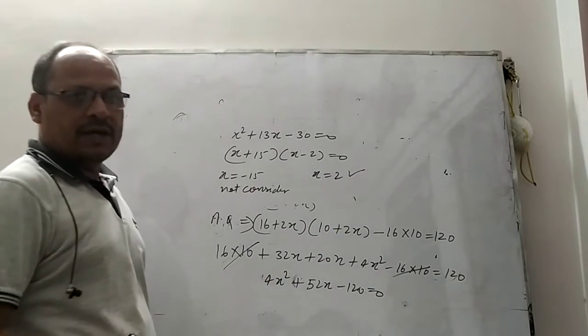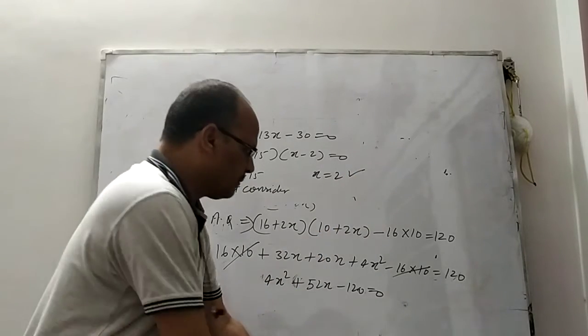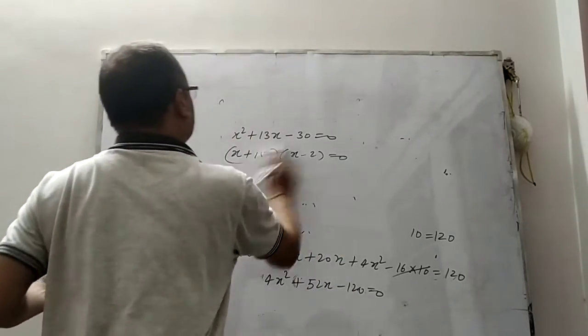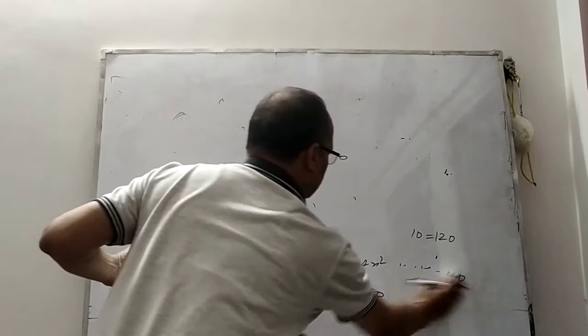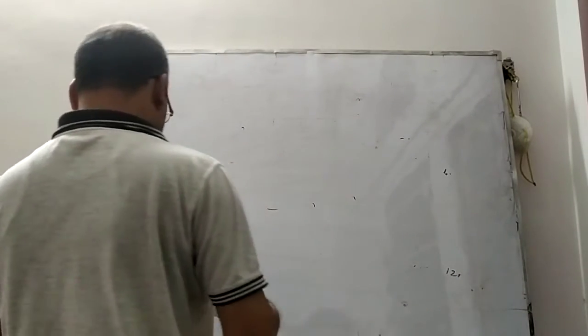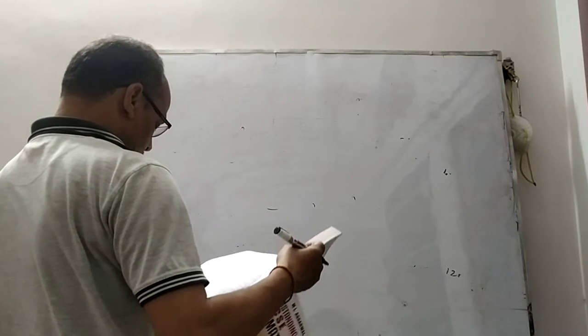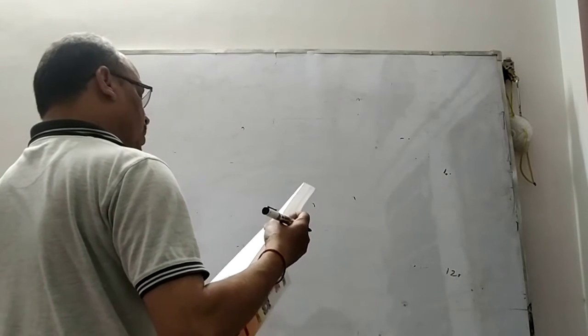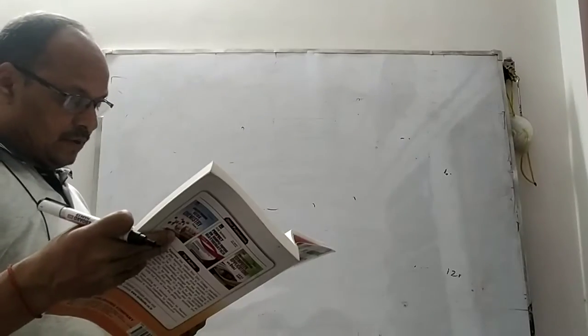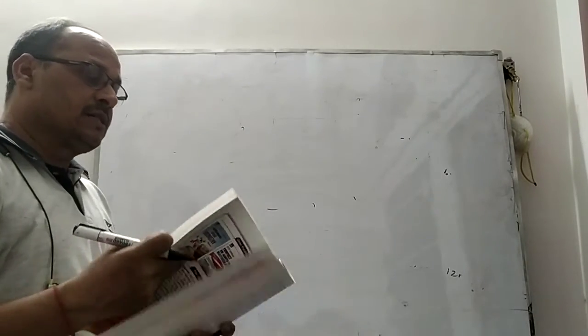So the width of the walk is 2 meter. Now in the same way you will try 15 and 16. If you are getting a problem, you can ask.